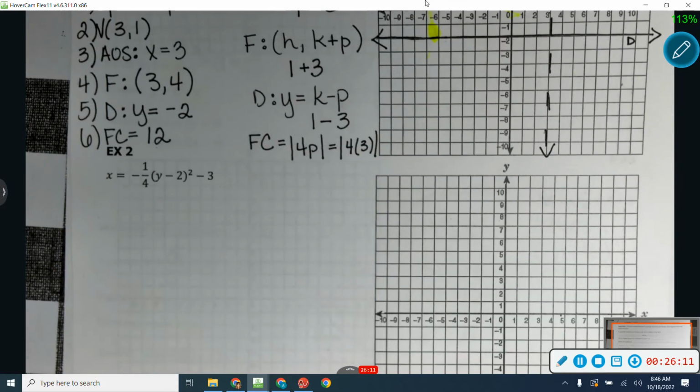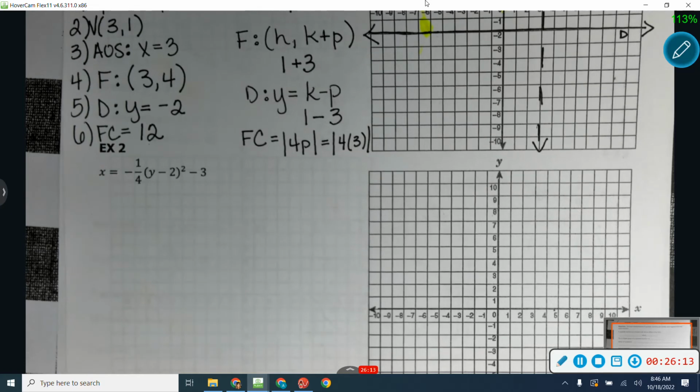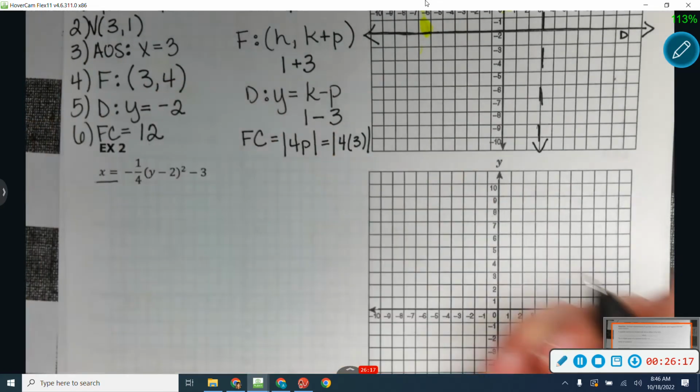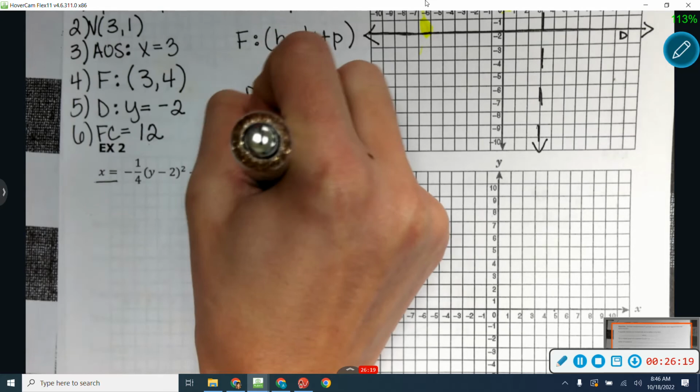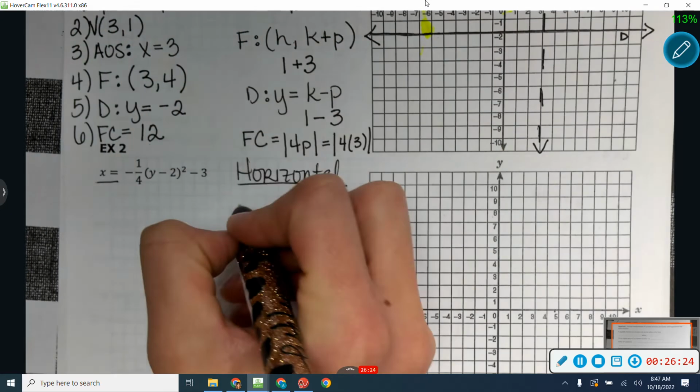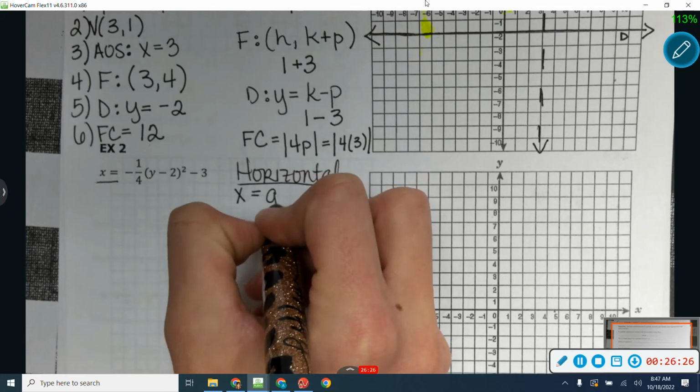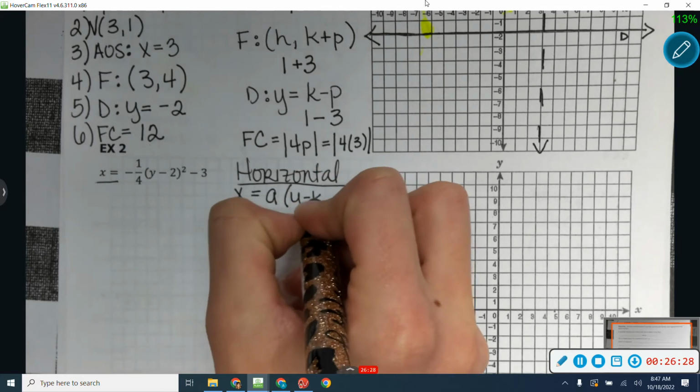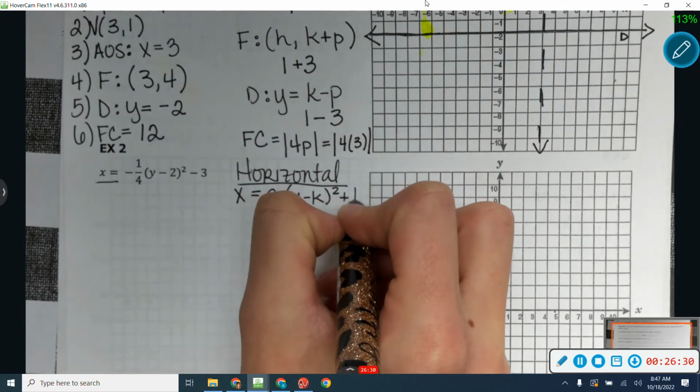Okay. So example 2, is that in standard form? Yes. Is it horizontal or vertical? All right. So my horizontal is x equals a times y minus k squared plus h.